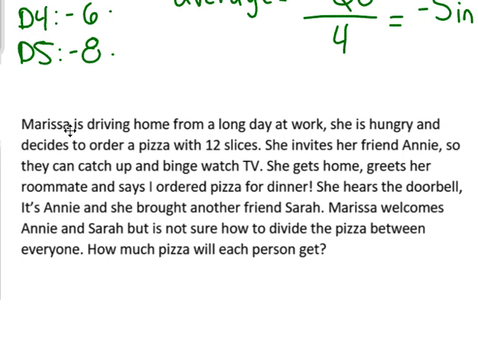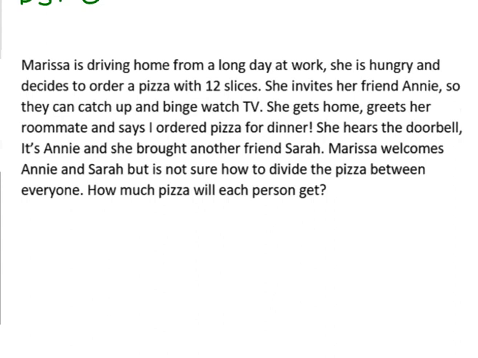All right, so we need to find out how much pizza each person will get. Basically, how many slices will they get? So let's come up with an equation again to figure that out. So we'll have the number of slices per person, number of slices PP, times the number of people.